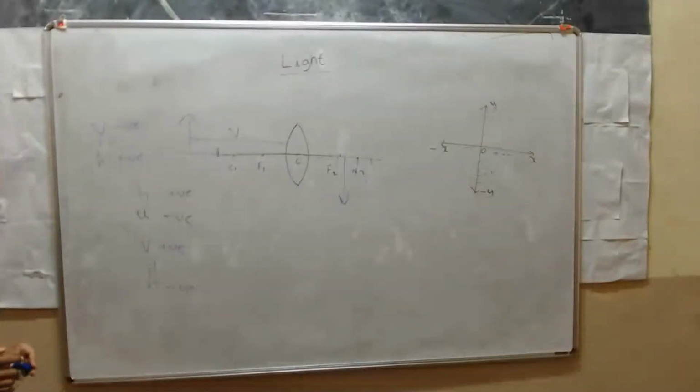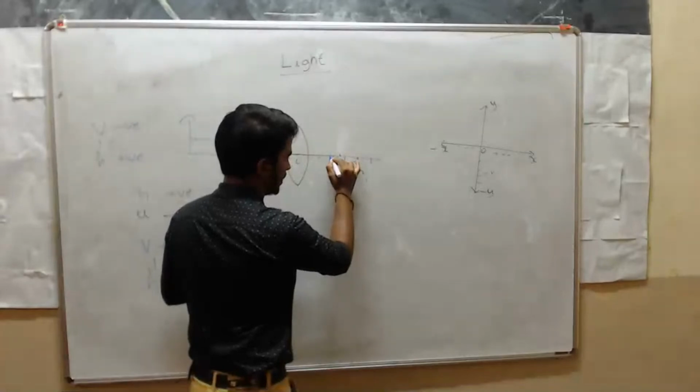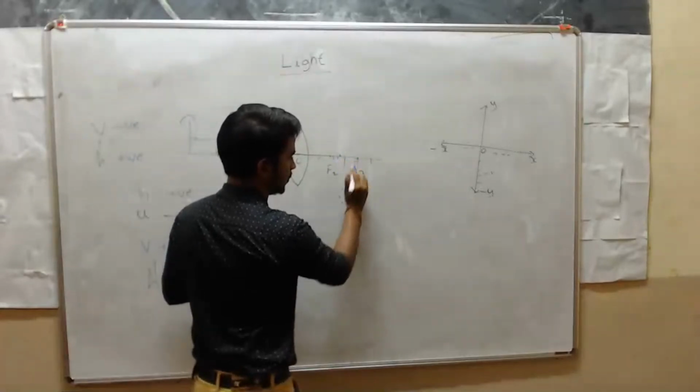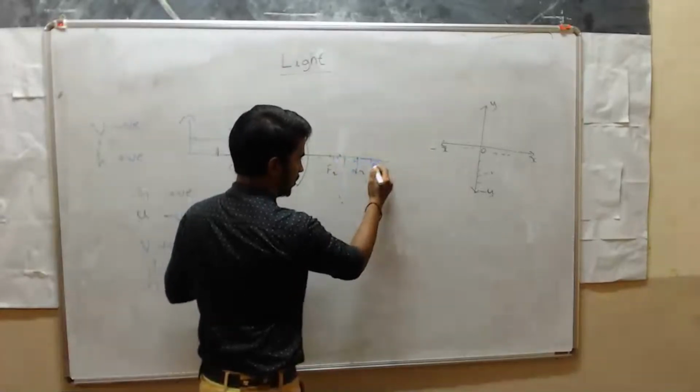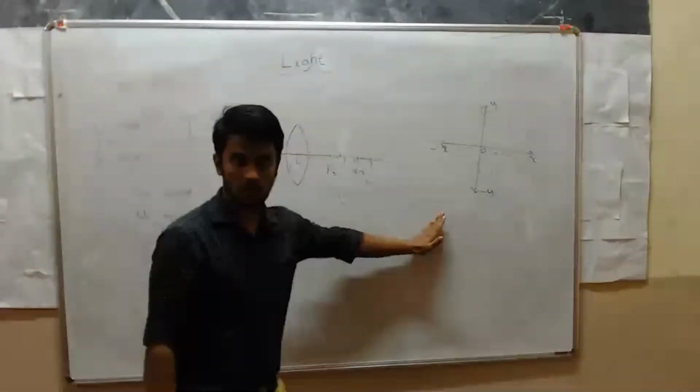Here we have studied that in convex lenses the real images are found here only: at F2, between C2 and F2, at C2, behind C2. The real images are found on this side only.